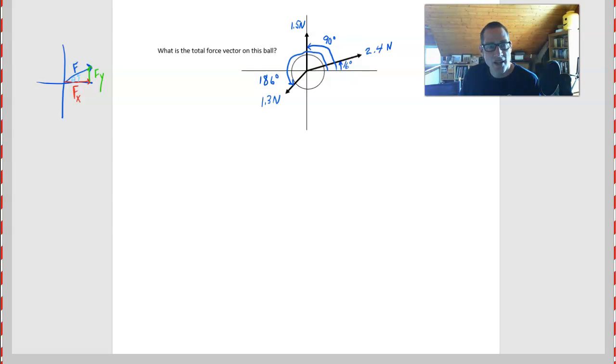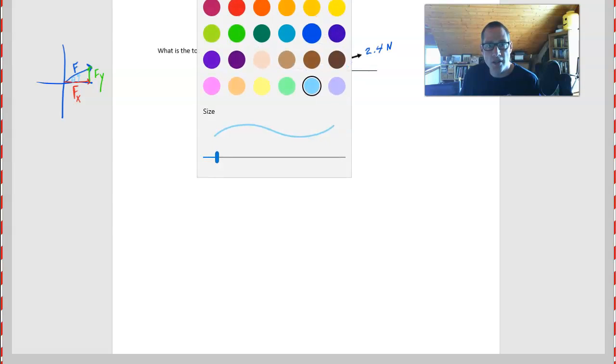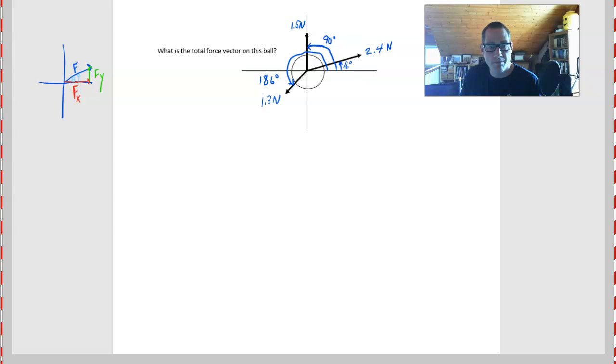Okay, so you have theta and you have F. There's two different forms, rectangular form and polar form. For polar form, you are given things with a magnitude like F, and you're also given theta. So you have F and you have theta to think about. That's magnitude and direction.